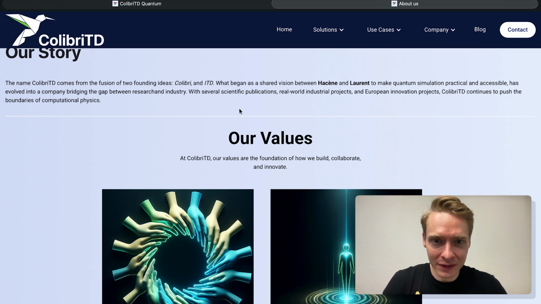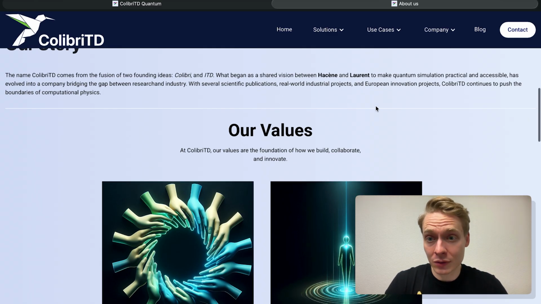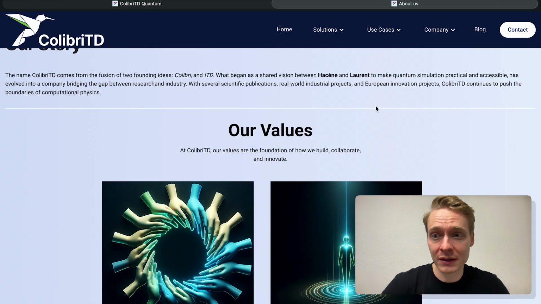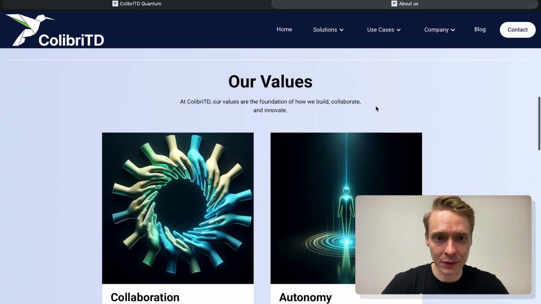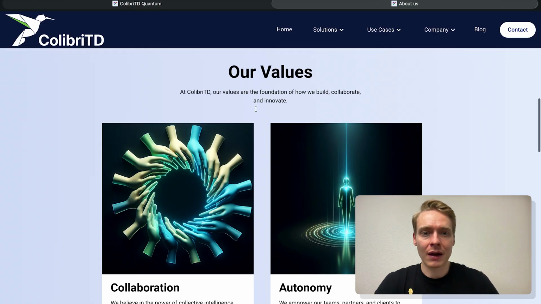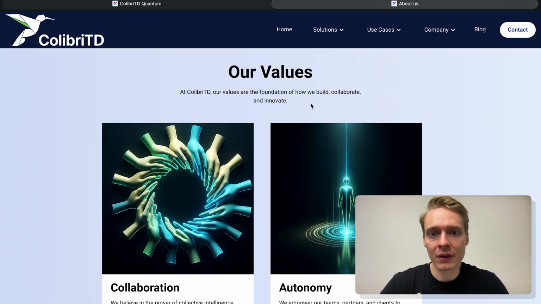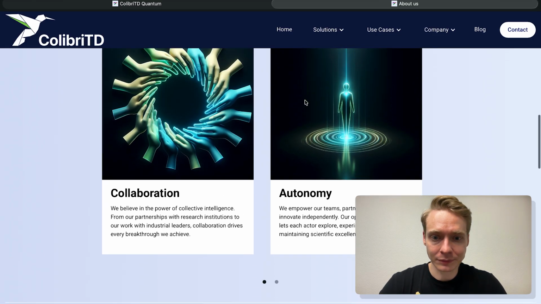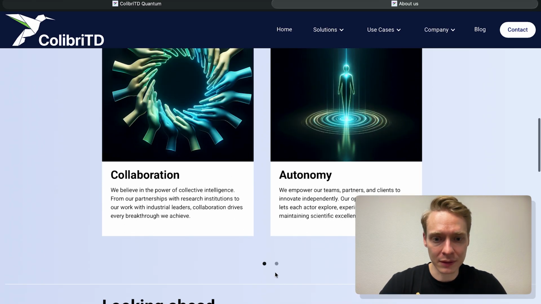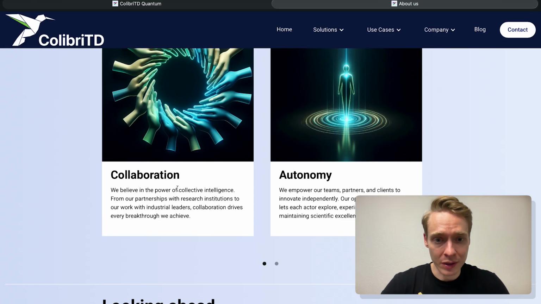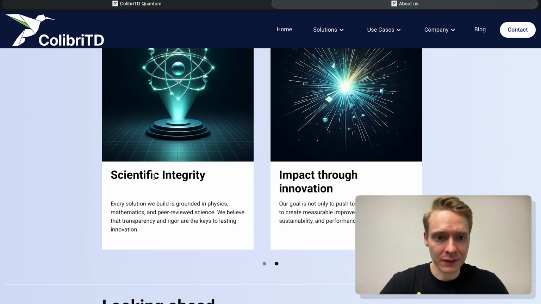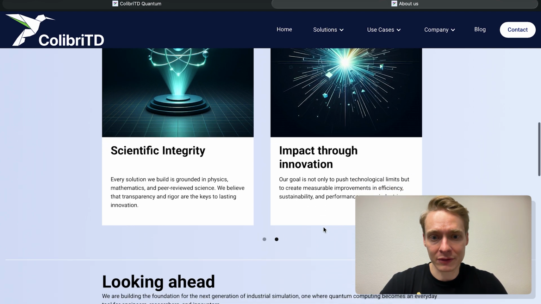With several scientific publications, real-world industrial projects, and European innovation projects, ColibriTD continues to push the boundaries of computational physics. Our values are the foundation of how we build, collaborate, and innovate. And then here you see the values, which are collaboration, autonomy, scientific integrity, and impact through innovation.